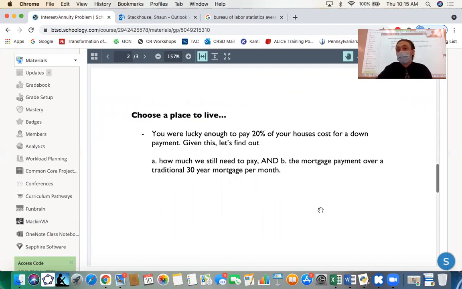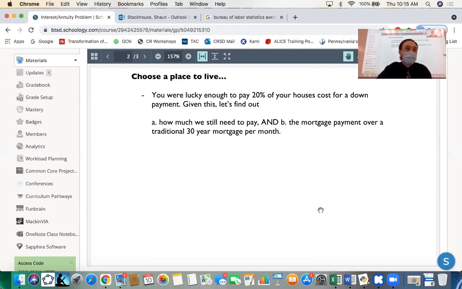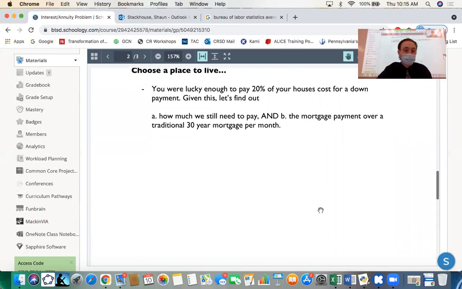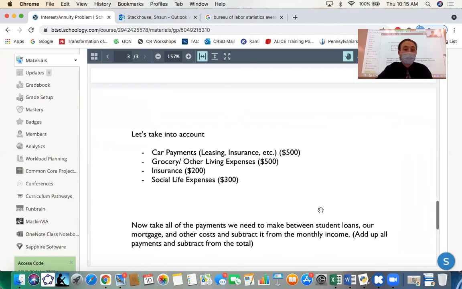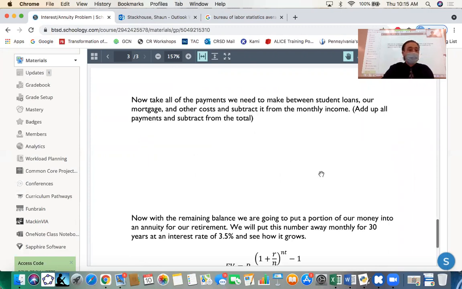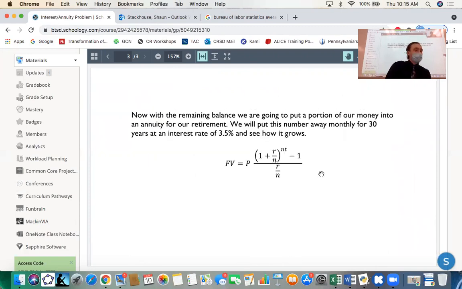Choose a place to live. So we've got to be a little bit strategic there, depending on what profession we choose. Understand our finances and how much we need to pay. And then that life stuff that you mentioned, car payments, groceries, insurance, social expenses, things like that, we'll take into account. After all of that's added and subtracted, we'll figure out how much is left over for me to invest in myself, invest in my future, and put away for later down the line.